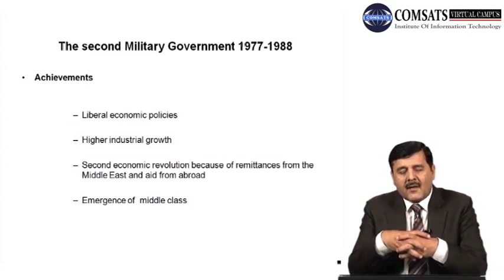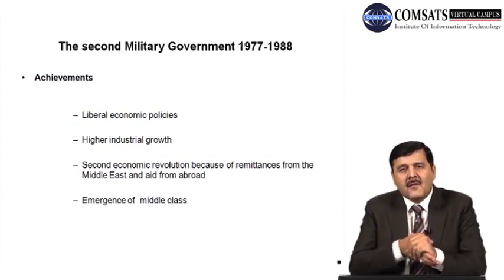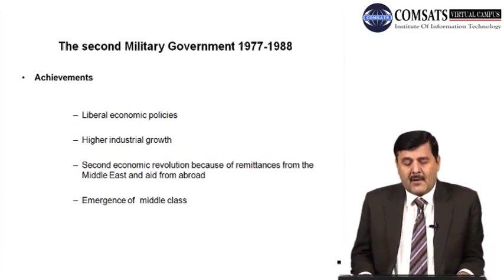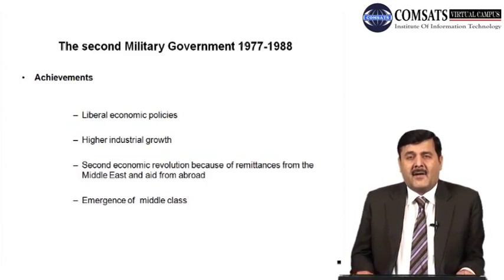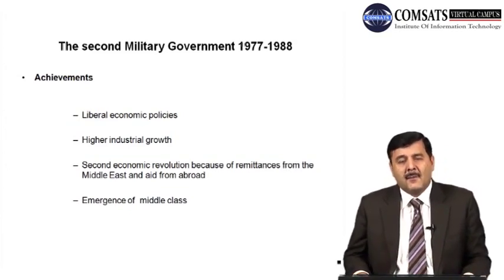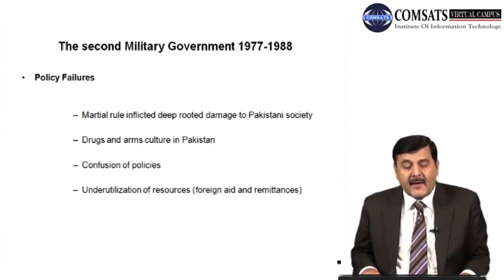Second, you can call it a second economic revolution, because of remittances from the Middle East and aid from abroad, from different countries, which Pakistan received during this time period. And this was the time period in which the middle class emerged in Pakistan. So this was a significant achievement of this time period.